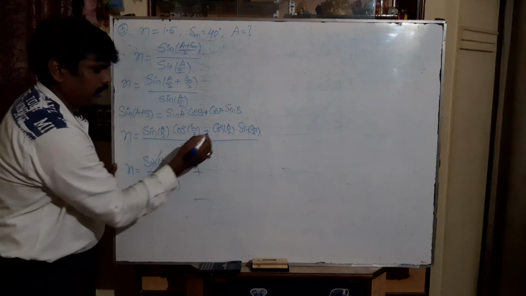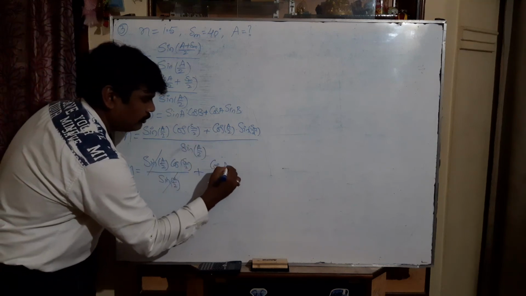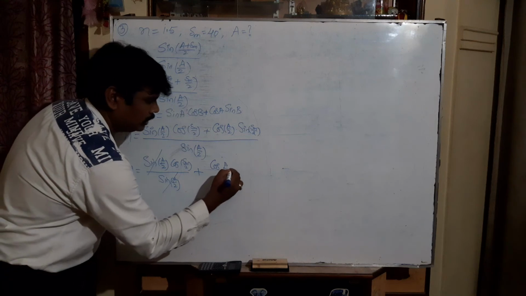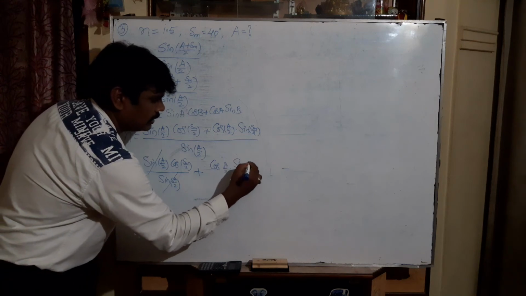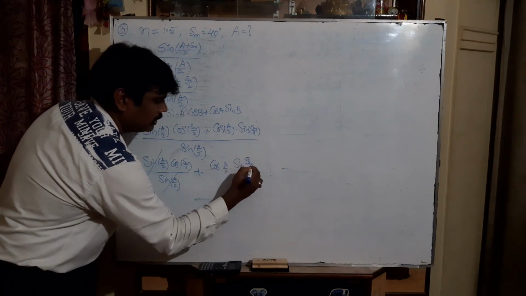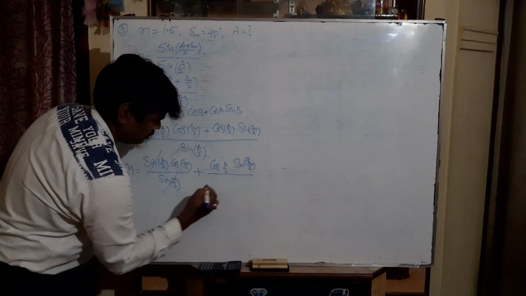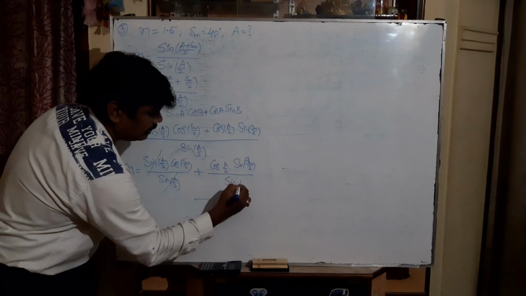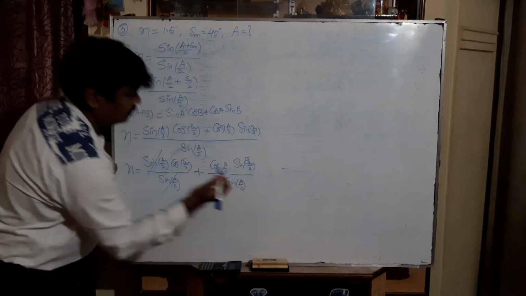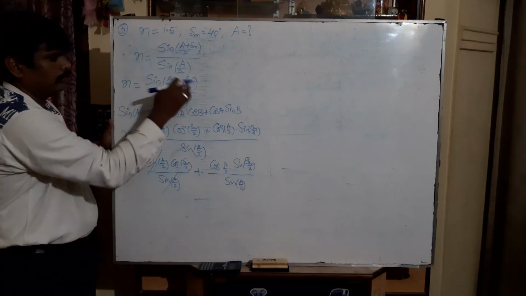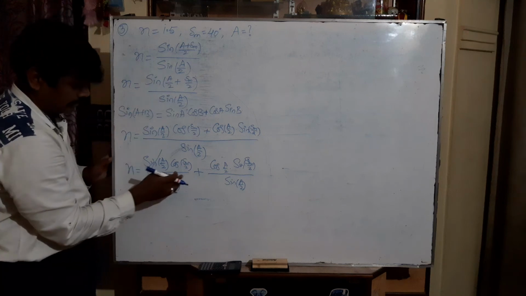In the next part, cos A by 2 into sine delta m by 2 whole divided by sine A by 2. I am just splitting this term for both numerator values.